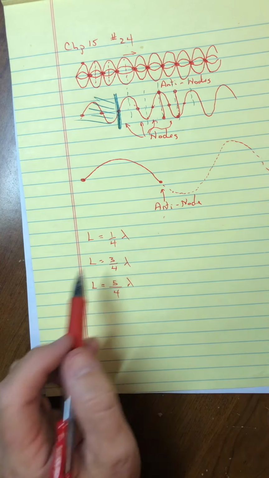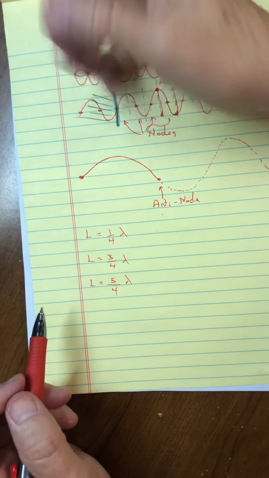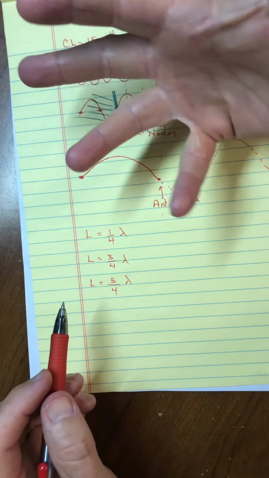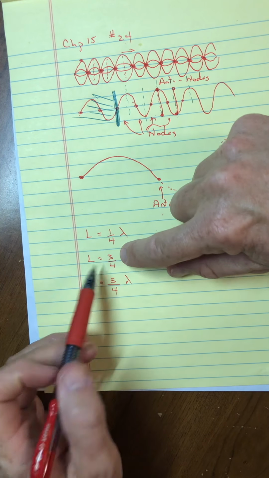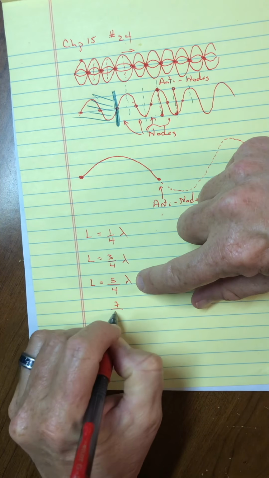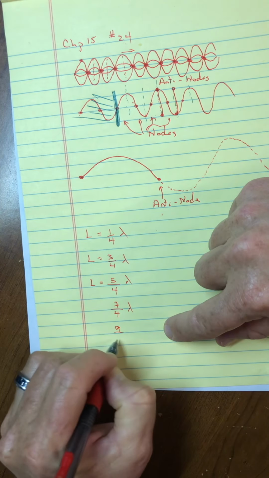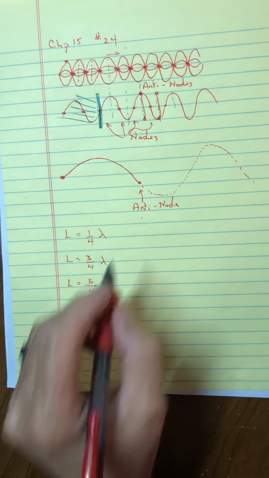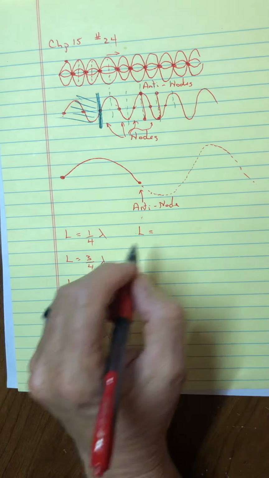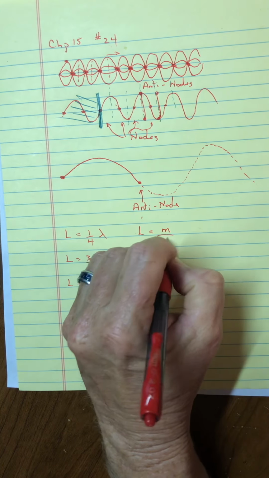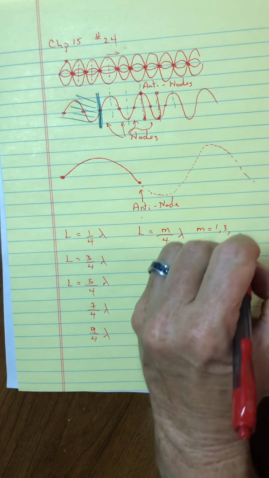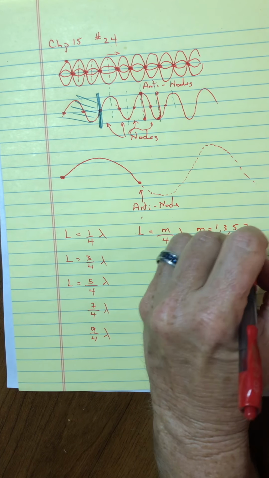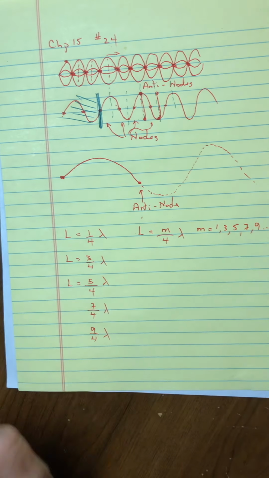From one antinode to another, we keep increasing by a half wavelength, which is 2/4. So we start with an offset of 1/4, so it goes to 3/4, 5/4, and the next one would be 7/4, and the next one would be 9/4. You could even write this as L equals M quarter wavelengths, where M is only the odd integers, 1, 3, 5, 7, 9, and so on.